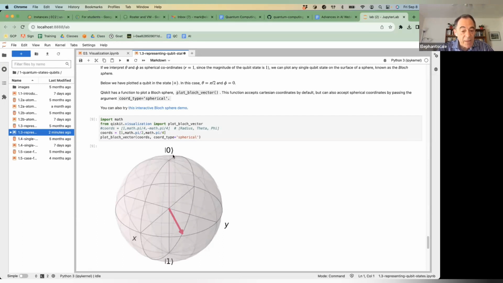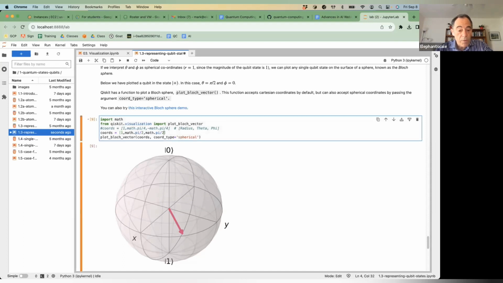You see, that's that plane. 90 degrees from here is here. And then in the positive, right? I changed it from negative to positive. In the positive direction from here, right? And only half of the angle, pi over 4. So let's move it to here maybe, right? For that, I think I need to do pi over 2. Let's try.